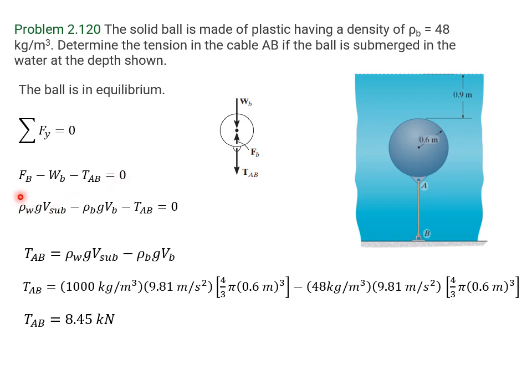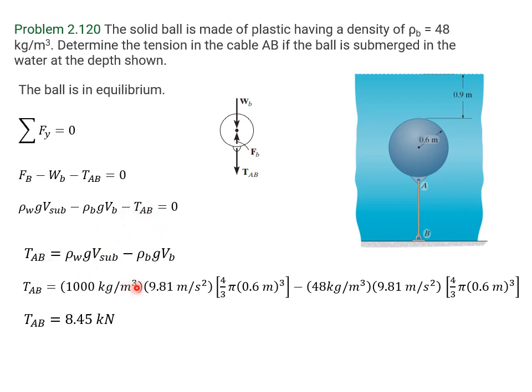Remember, the buoyant force is equal to the density of water times g times the volume of the submerged object. The weight is equal to the density of the object, which is the plastic, times g times the volume of the ball, plus the tension in the rope. So the only unknown here is the tension in the rope.